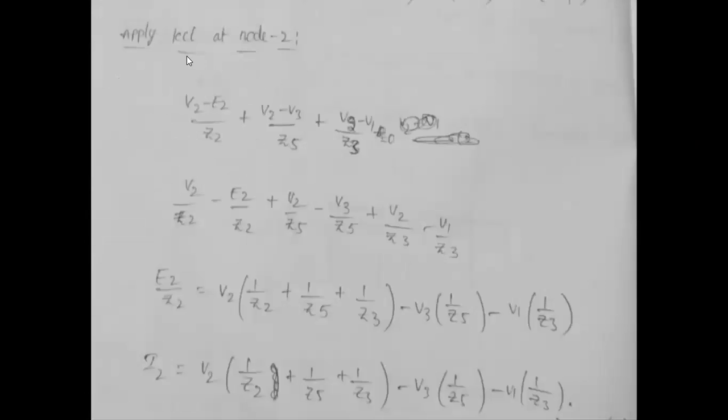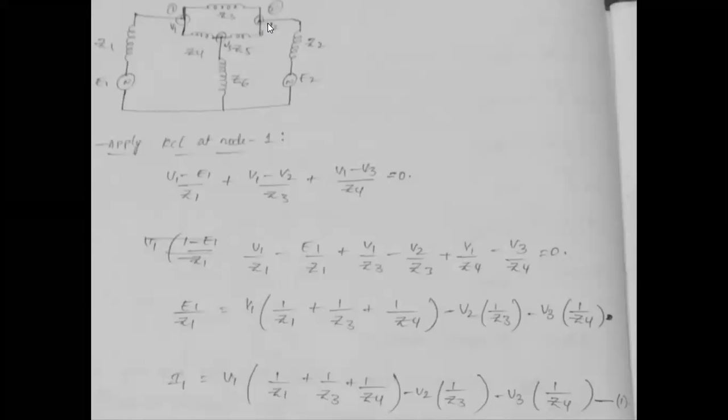Next, apply KCL at node 2. Where is node 2? This is node 2. Applying KCL at node 2: (V2 minus E2) by Z2, plus (V2 minus V1) by Z3, plus (V2 minus V3) by Z5.